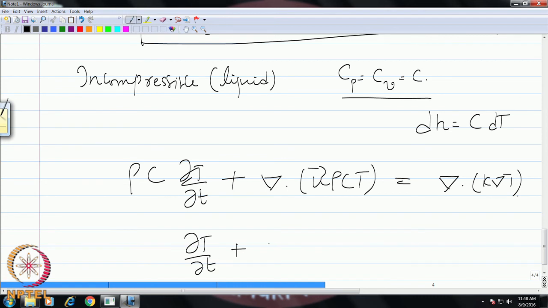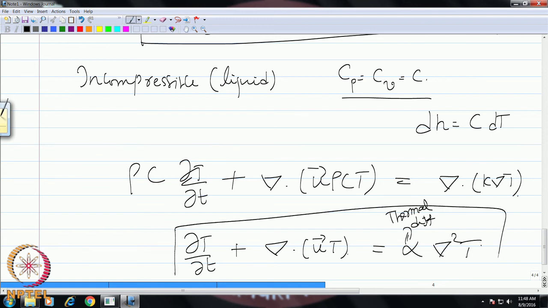energy equation. So, del dot u T is equal to, so you can write this as alpha, which is your thermal diffusivity, which is k by rho c, into del square T. So, this is your heat conduction, or this is your heat transfer equation.